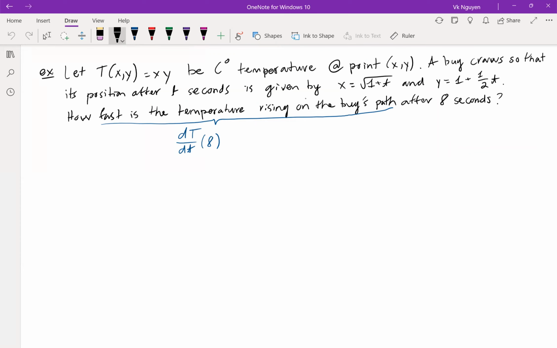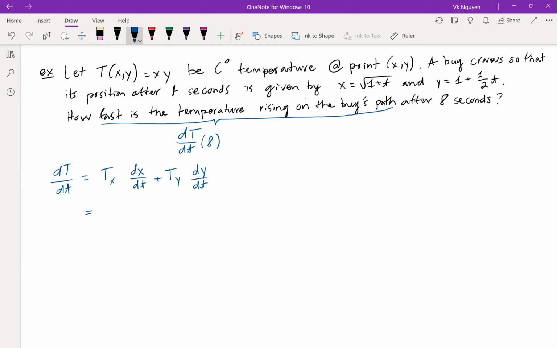Up to you. I'm going to do the chain rule here. dT over dt, the derivative with respect to t, is going to be Tx dx over dt plus Ty dy over dt.